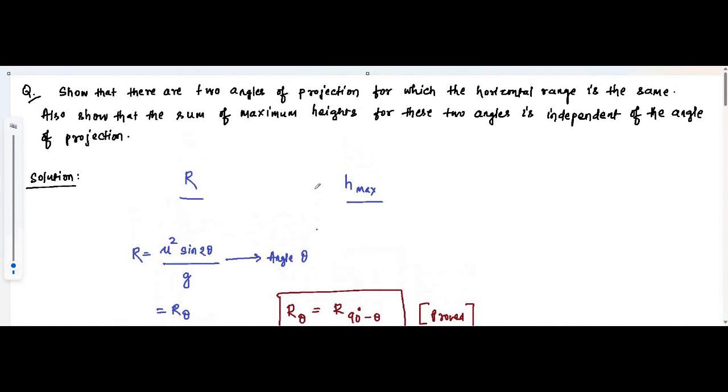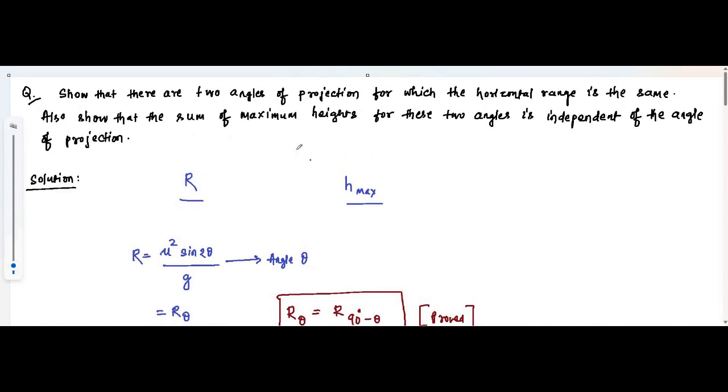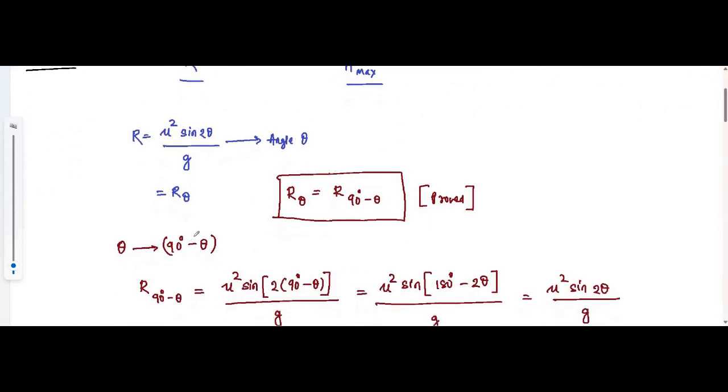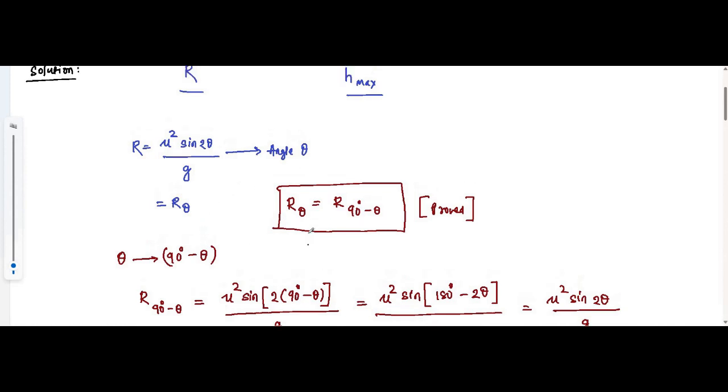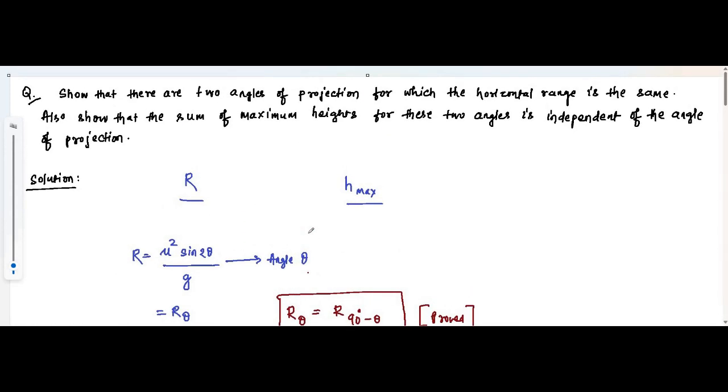Then the second part is the sum of maximum heights for these two projection angles, theta and 90 degree minus theta. It is independent of the angle of projection, that is, there will be no theta in the final expression. So let's see if it is actually true or not.